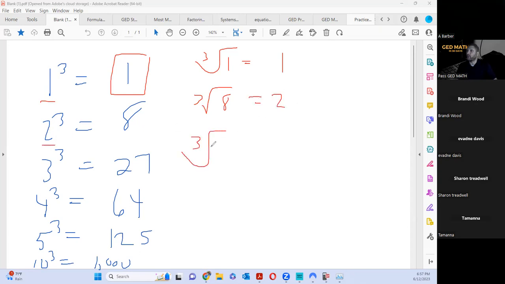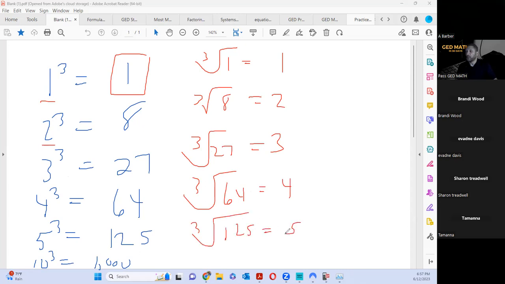The cube root of 27 is 3. The cube root of 64 is 4. The cube root of 125 is 5. So not only do you remember this and know it, but you should also have a conceptual understanding that cube and cube root are inverse operations. Square and square root are inverse operations.